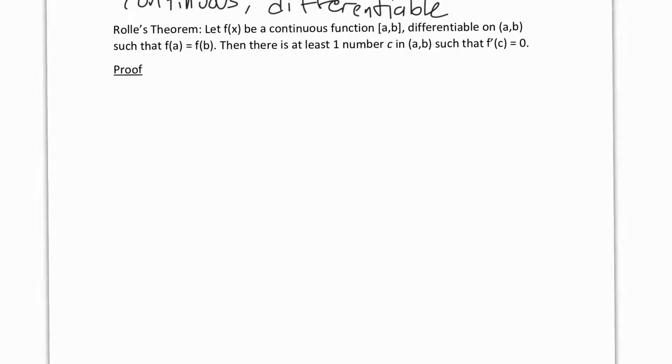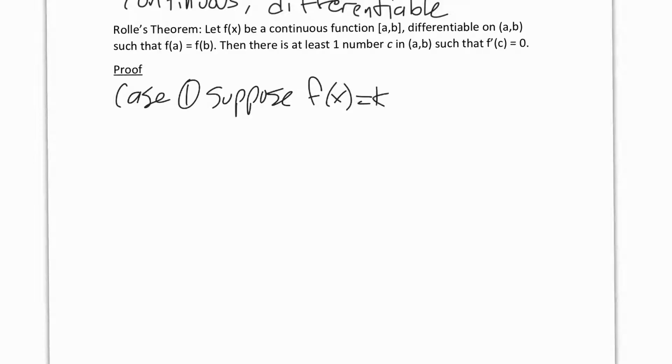So step 1, we actually have to consider 3 different cases. So case 1 is we're going to suppose f(x) is a constant function. So f(x) just equals k, where k is constant. Well, what happens to the derivative then?